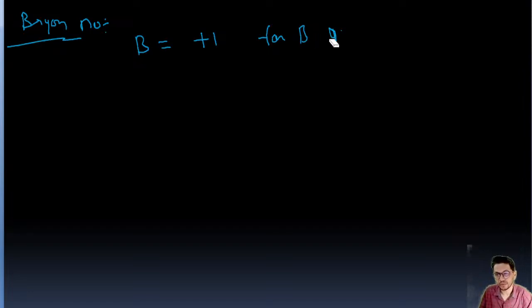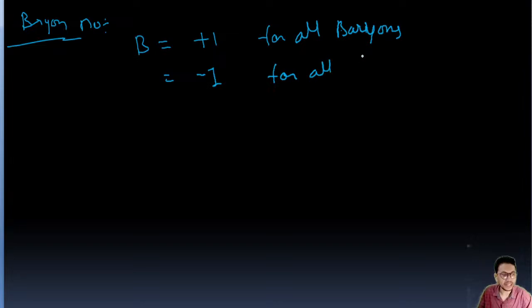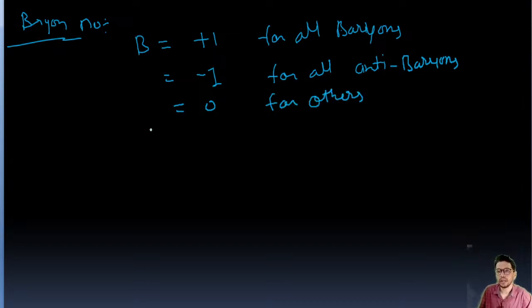And this value is going to be -1 for all antibaryons, and this value is going to be 0 for others, apart from baryons and antibaryons.